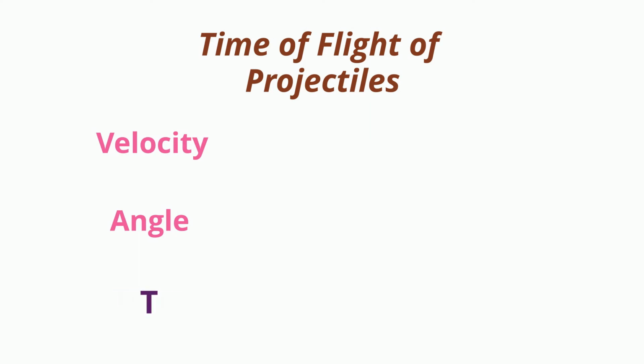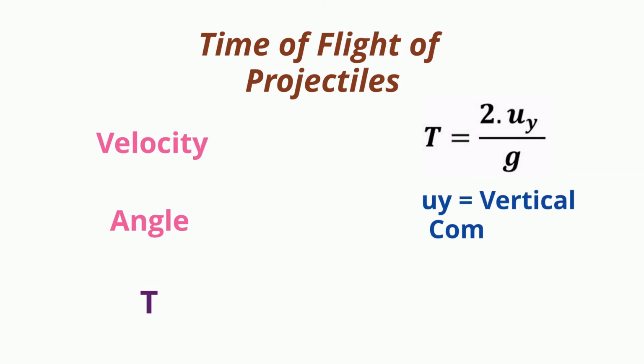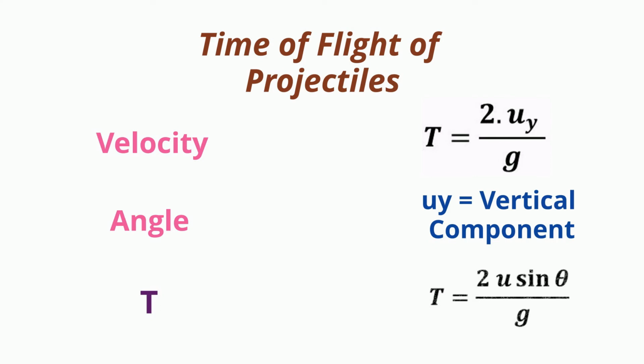The formula for time of flight of projectiles is the same that we saw earlier, which is t is equal to 2uy upon g, where uy is the vertical component, and thus sin theta will be used. And the equation becomes something like this.